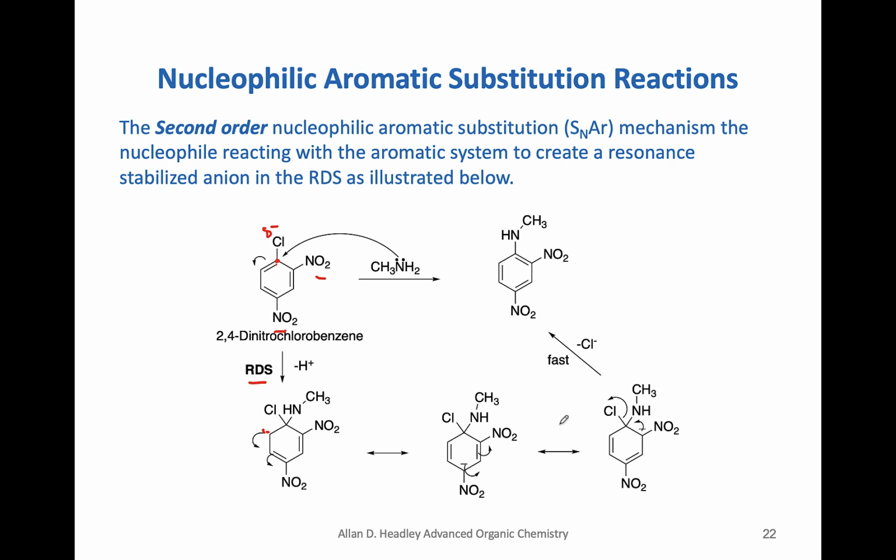And in the fast step, these electrons come back in to give off the leaving group, or the leaving group leaves in the fast step to give the product, the nucleophilic substitution product. Notice again it's second order. Why is it second order? Because two reactants come together in the rate determining step.